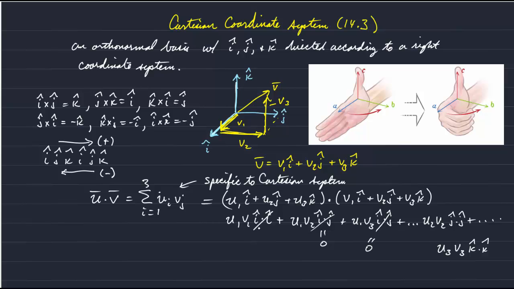Of course, when we do that, we get 1 when we dot i hat with itself or j hat with itself, and we get our dot product as I first described.